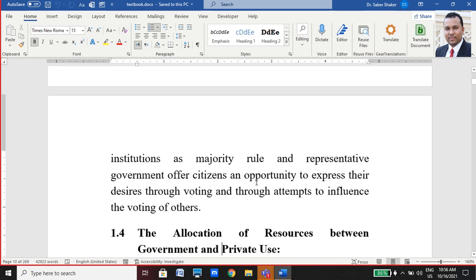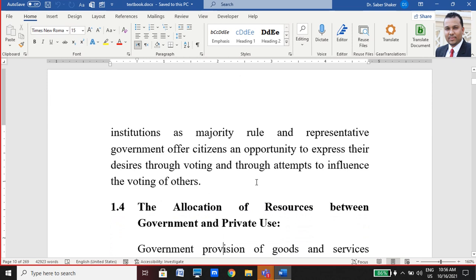But on the other hand, in some political regimes, we talk about instructions or direct decisions from the central government to provide product A, product 2, product 3, without any voting or neglecting the voters. So in general, at this point, we link the political system and the economic system. In democratic systems, yes, the voters are a very important priority, and they play a very important role in the decisions for public spending.